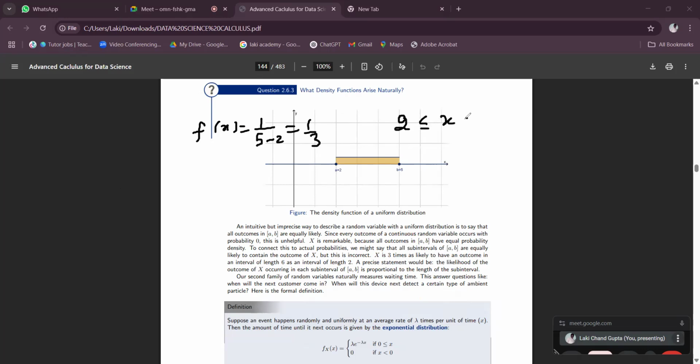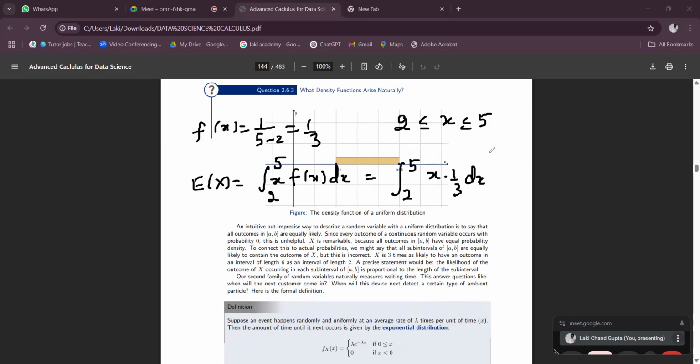Mean, the expected value, will be x into fx from 2 to 5, x into 1 over 3.